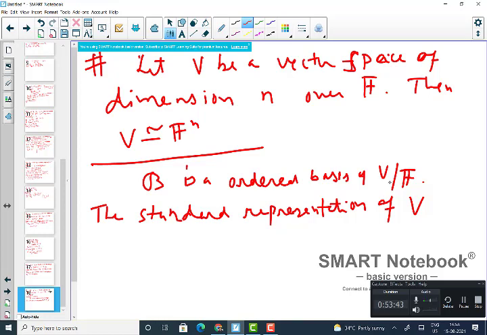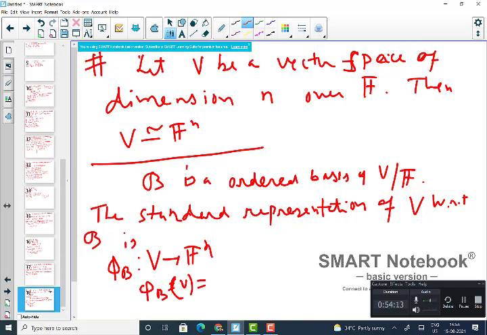N is the dimension of V. So with respect to this basis, this is a map generally denoted by phi of B. Phi of B is a map from V to F^n. And what is the natural map? You take a vector here, maybe say v, and you send it to the coordinate vector here, with respect to the same basis.